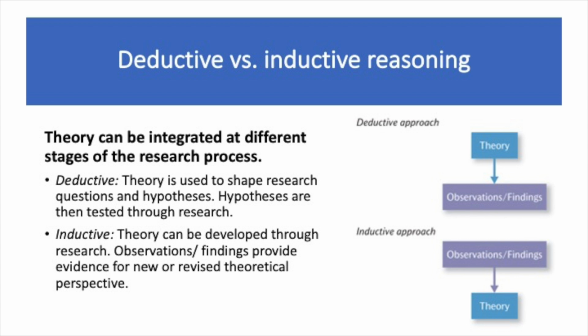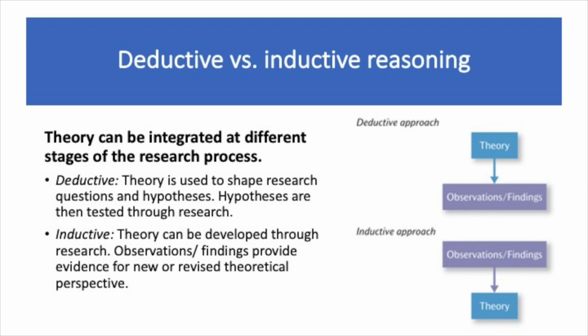Primarily in quantitative social science research, we're going to be applying a more deductive approach to theory in research. So starting with a theoretical perspective to frame a research topic question and our hypotheses, and then really testing it through our research. That's what is more common in quantitative research.